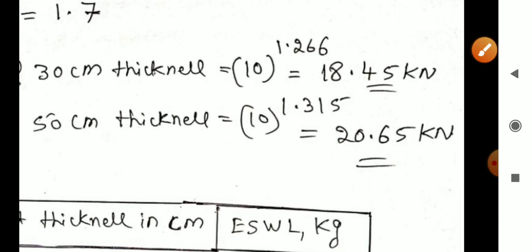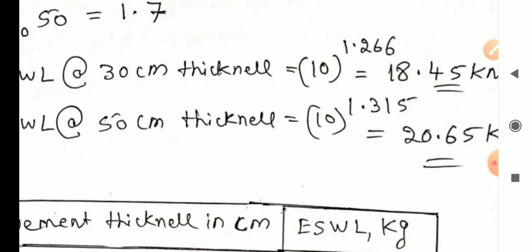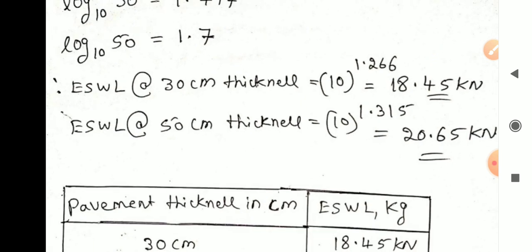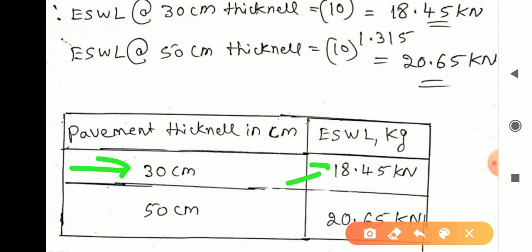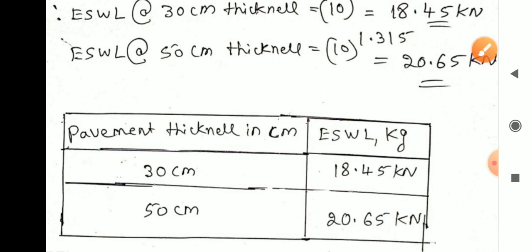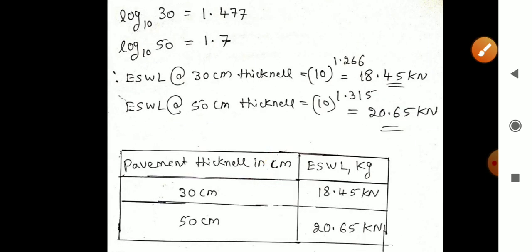That means we are converting the normal graph back to logarithmic. How much is it? 18.45 kilonewton and 20.65 kilonewton. That indicates, for a pavement thickness of 30 centimeter, the ESWL is 18.45 kilonewton. For a pavement thickness of 50 centimeter, the ESWL is 20.65 kilonewton. Okay, this is the concept of ESWL.